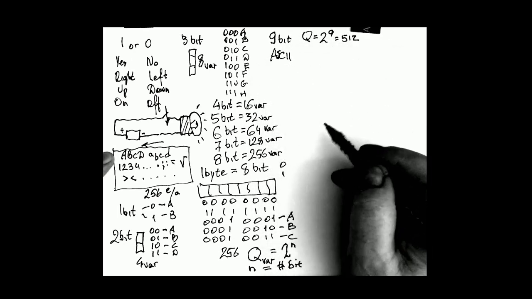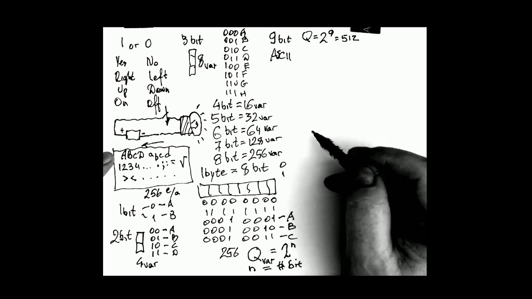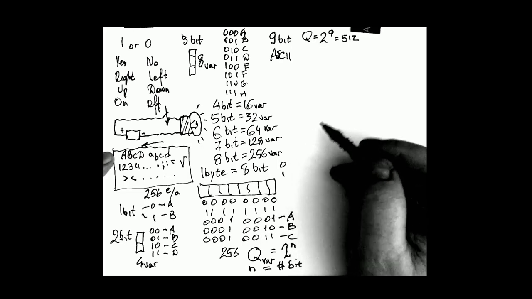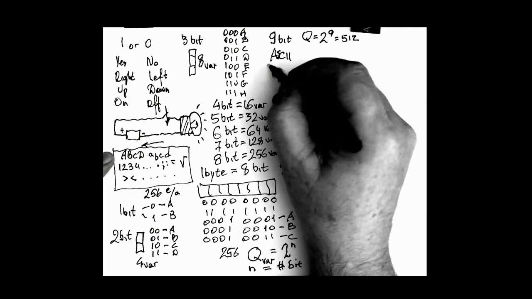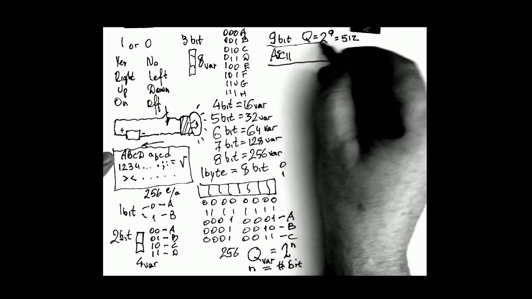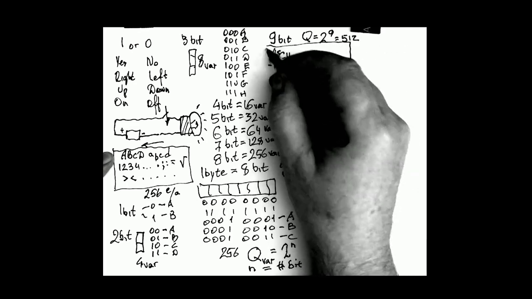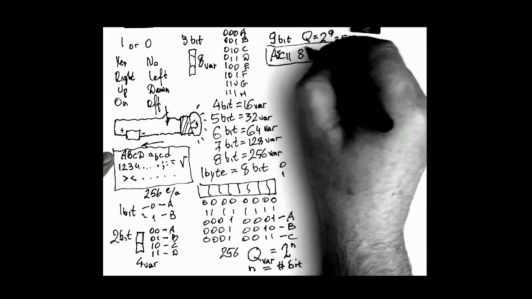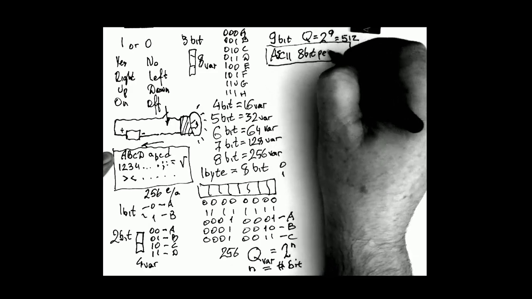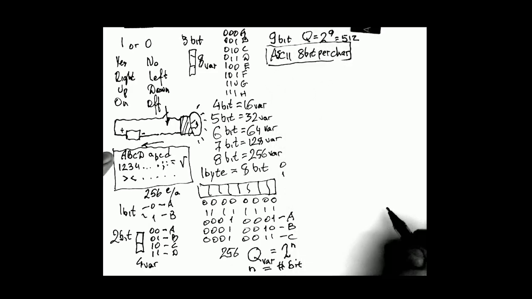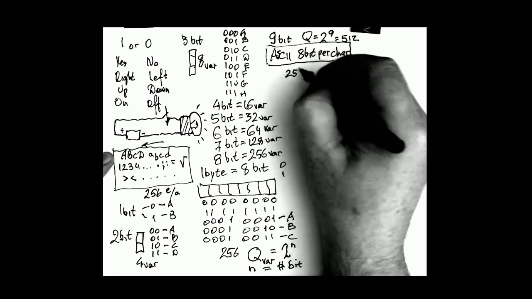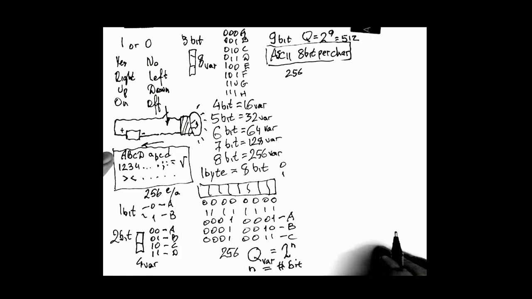ASCII, meaning American Standard Code for Information Interchange. And this is American Standard. This code actually produces 8 bit per character. So number of code lines is 256.